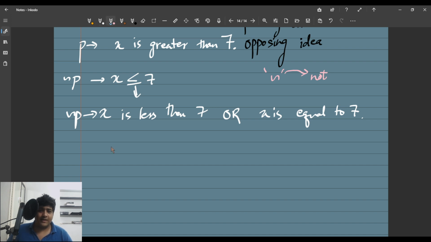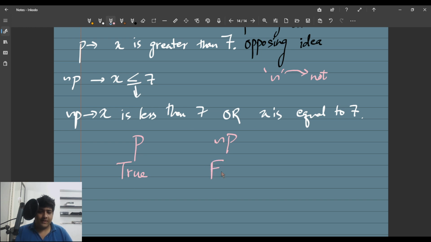So now say that I say that if p is true, then what about not p? What will it be? So I say that x is actually greater than 7. Then could it be less than 7 or equal to 7? Well, it's not possible. It cannot be either.